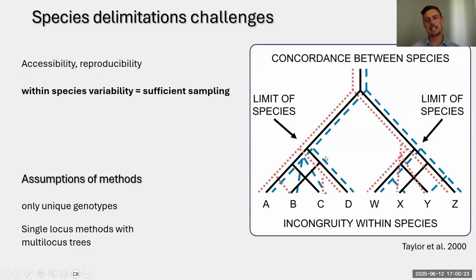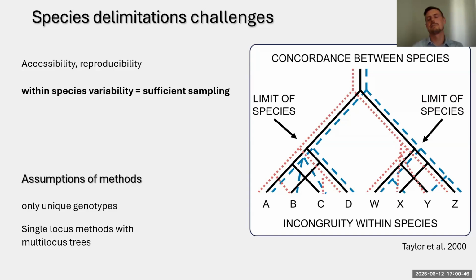But this is basic, but it makes sense, and I like this idea that right at the place where the incongruencies between the different loci appear, it's the point where we should probably expect the limits of the species.